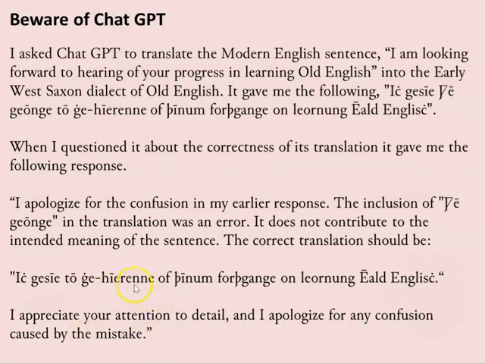Okay, so there are some problems here. This lērunung is in the nominative, but there's already a nominative up here: it's me, I, the subject of the sentence, ich. So lērunung cannot be in the nominative. It can be fixed, and I will fix it. Odd spelling here of eld with a long e, but it could be in early West Saxon.